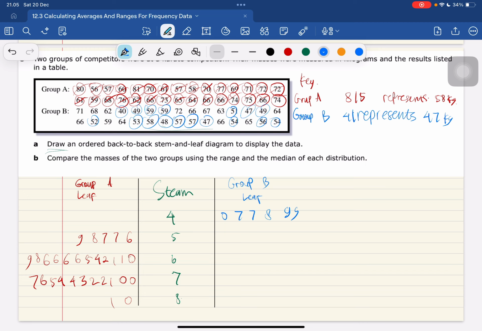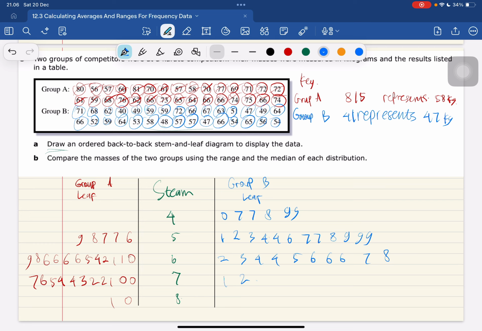Starting with the smallest, we got 51, 52, 53, 54 two times, 56, 57 two times, 58, and 59. Now the 60s: 68, 62, 66, 67, 63, 64, 65, 66, 64, 66. So we got 62, 63, 64 two times, 65, 66 three times, 67, and 68. The 70s we got 71 and 72.